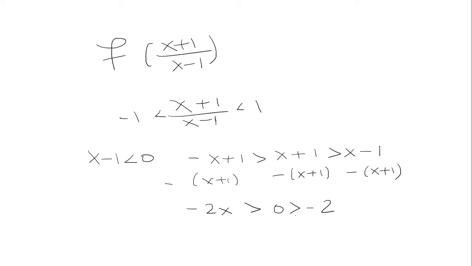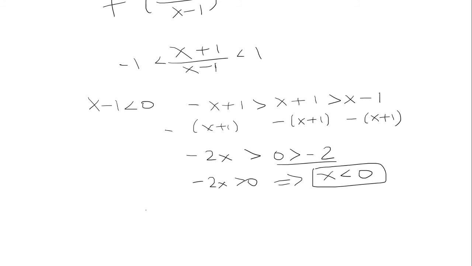Because here x is negative, we're going to say that, well, 0 is greater than negative 2. Okay, that doesn't really tell us anything. We already know that. So we're going to look at negative 2x greater than 0. I'm going to divide both sides by negative 2 and get that x is less than 0. Okay, so that's what I need for the first case.